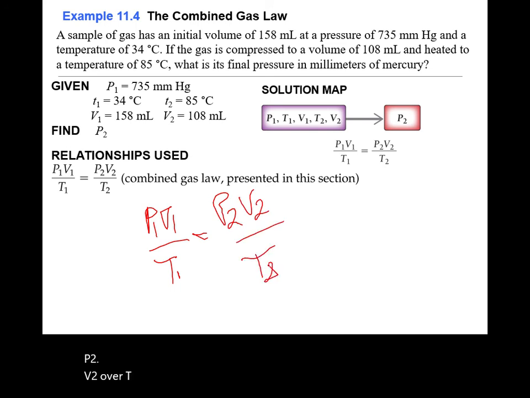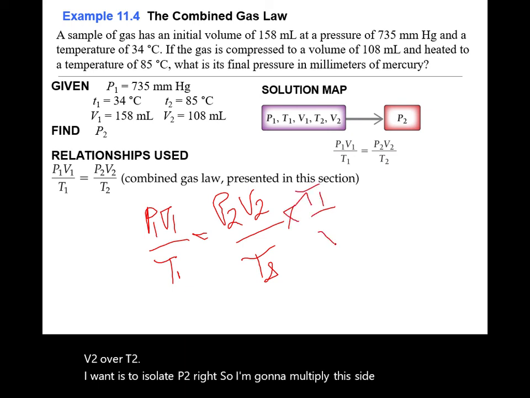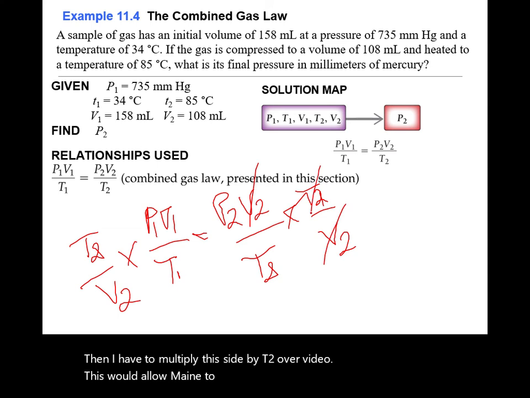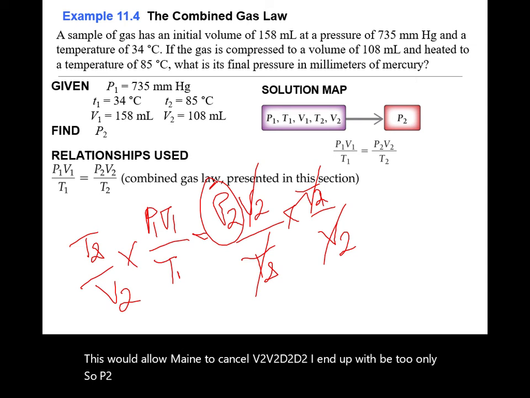What I want is to isolate P2, right? So I'm going to multiply this side by T2 over V2. Then I have to multiply this side by T2 over V2. This would allow me to cancel V2, V2, T2, T2. I end up with P2 only. So P2 equals T2 times P1 V1 over V2 T1.